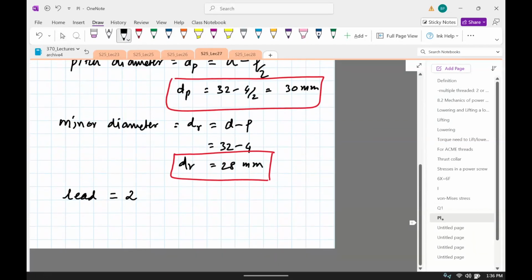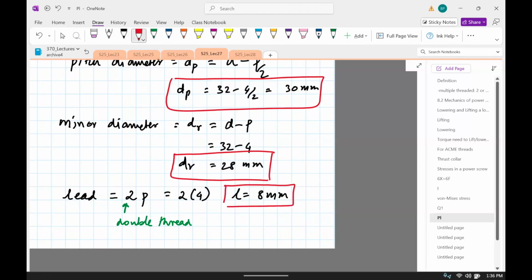So it's 2 times the pitch. So 2 times the pitch is 4, so lead is 8 mm. Okay, so that's just some kinematics of the screw, or the dimensions.